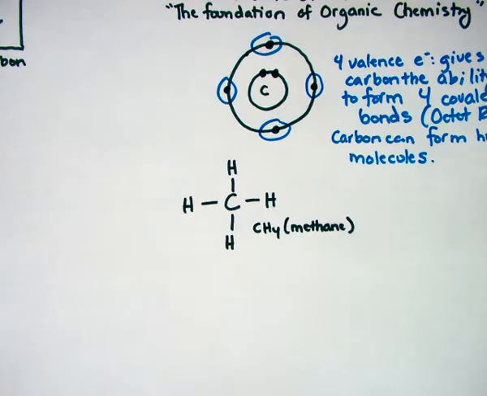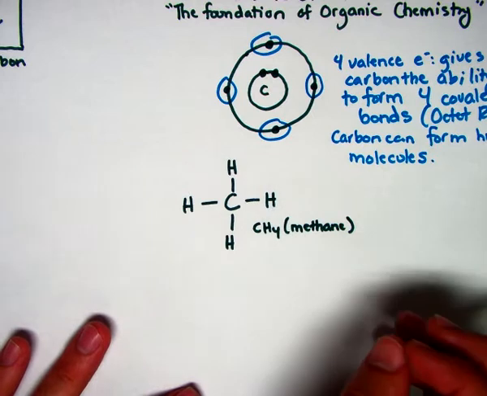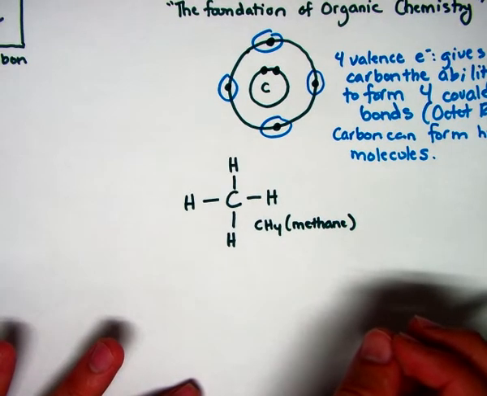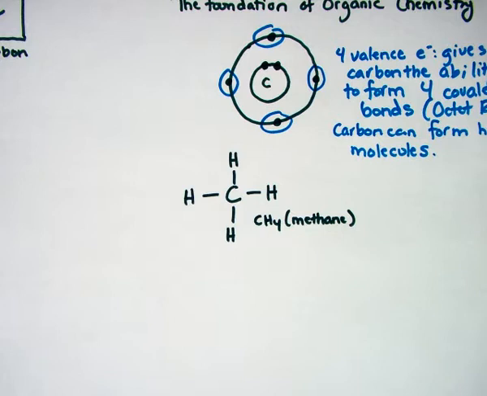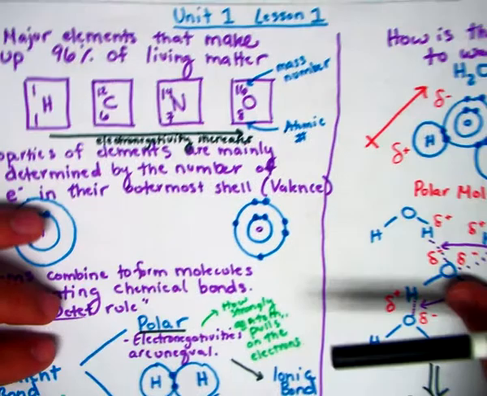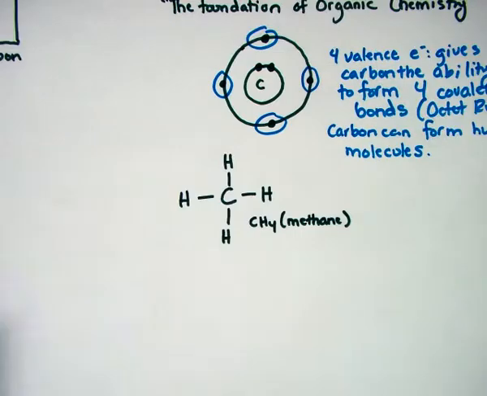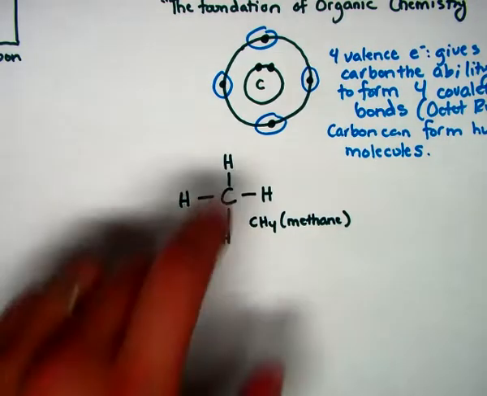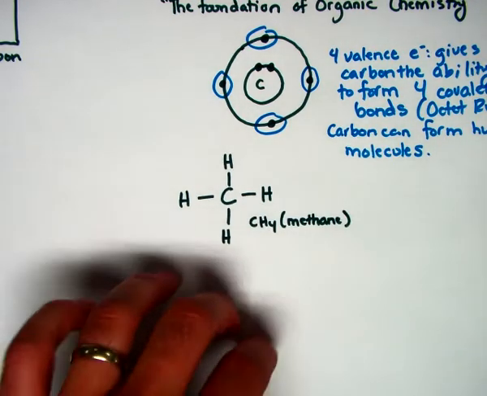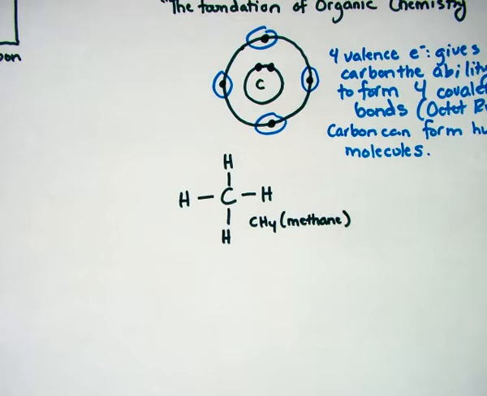Jezre, between carbon and hydrogen, which has the higher electronegativity? Carbon, right? So carbon, remember this scale, has the higher electronegativity just a little bit. So although there's a partial negative charge here, technically, the molecule is not polar because what's on the outside?